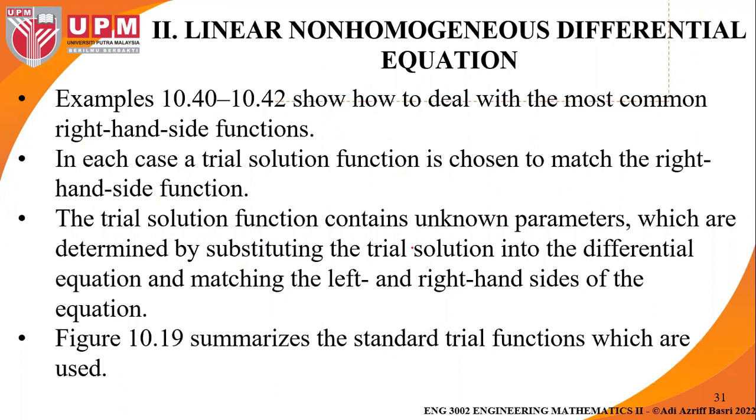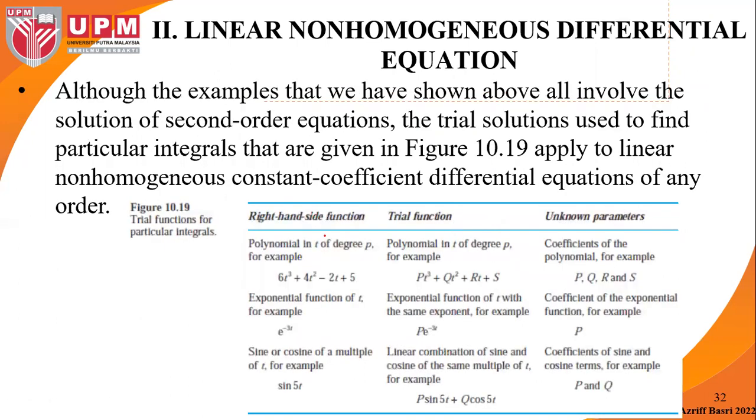Then you need to find the constants p or q, and you will get the final general equation. In each case, the trial solution function is chosen to match the right side. The trial solution function contains unknown parameters, which are determined by substituting the trial into the differential equation. So this figure summarizes how to select.